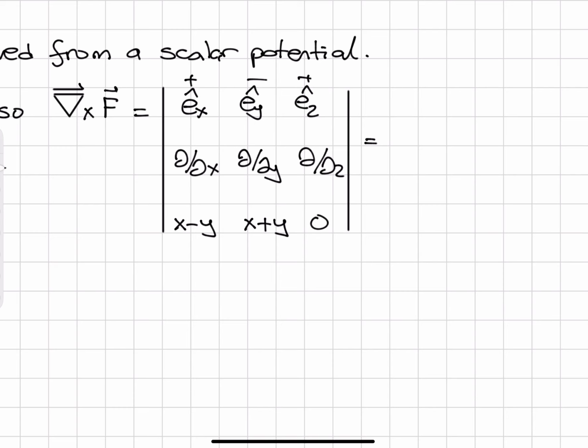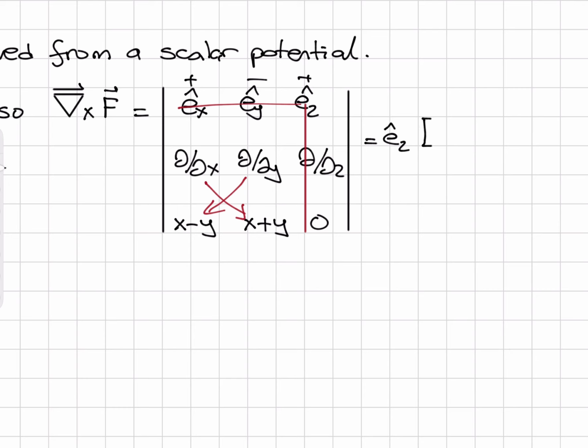And finally, I have this ez hat term. So let me work on this term here. And this is going to be del del x plus y minus del del y x minus y. So this is in ez hat direction.